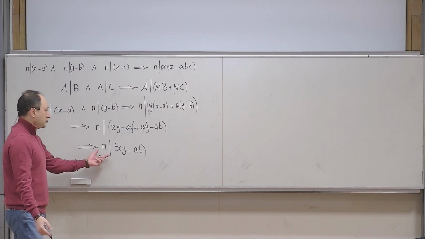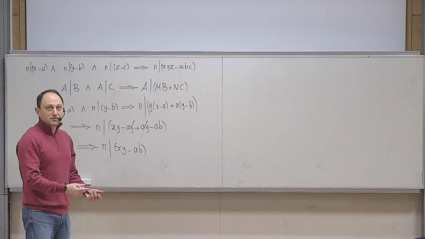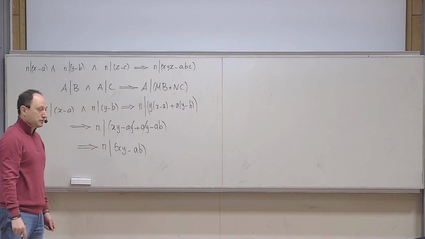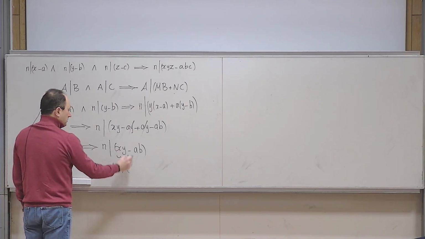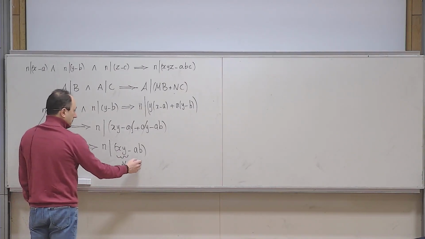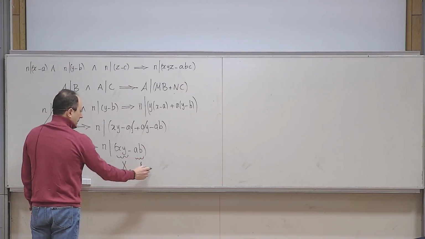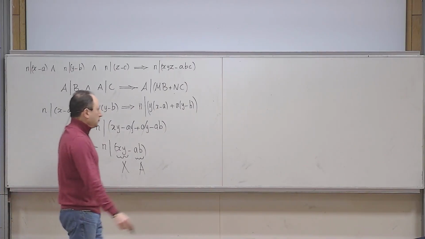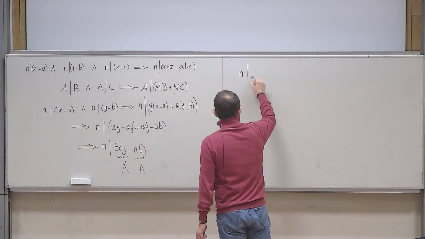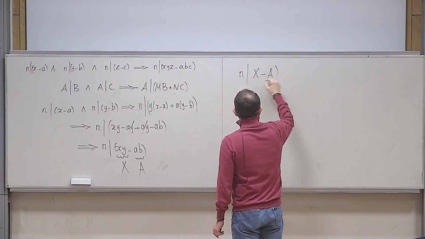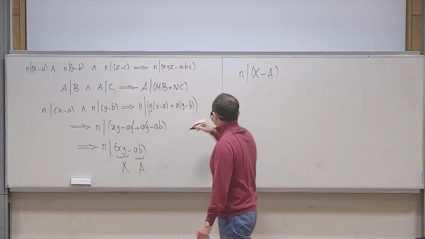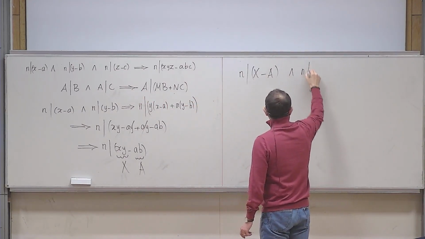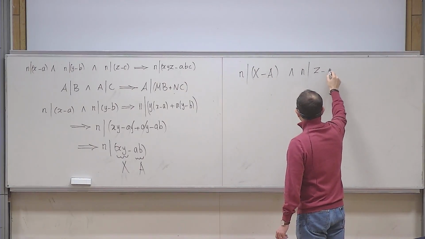Of course, you can immediately realize this is just a repetition of the same kind of argument. For example, if in your head you give xy the name capital X, and ab the name capital A, then you have n divides capital X minus capital A, and then you have an extra similar condition that n divides z minus c.